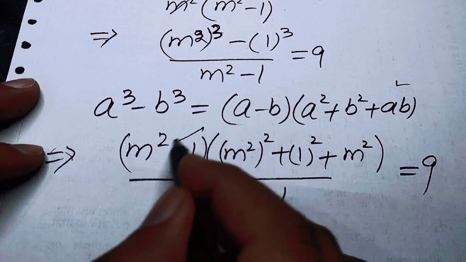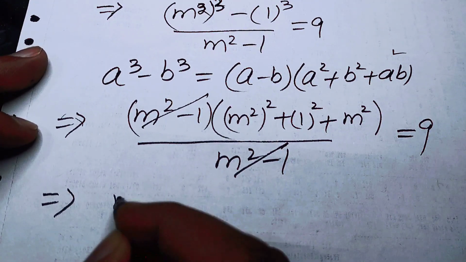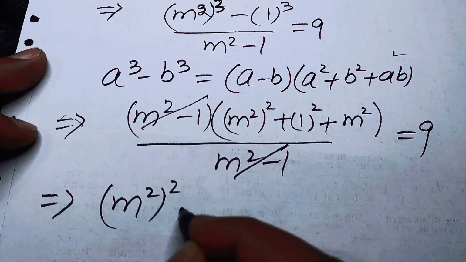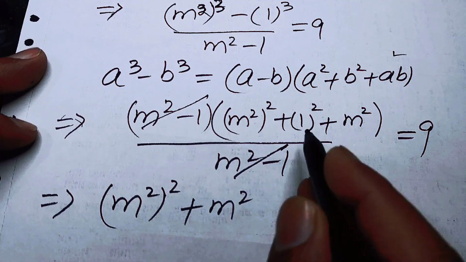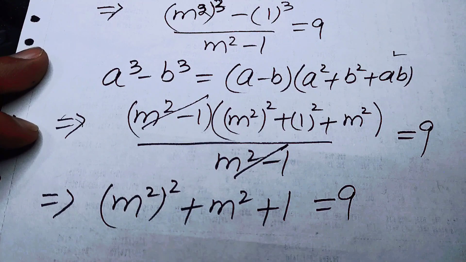So here this m square minus 1 is gone, and we get (m square) whole square plus m square plus 1 is equal to 9.